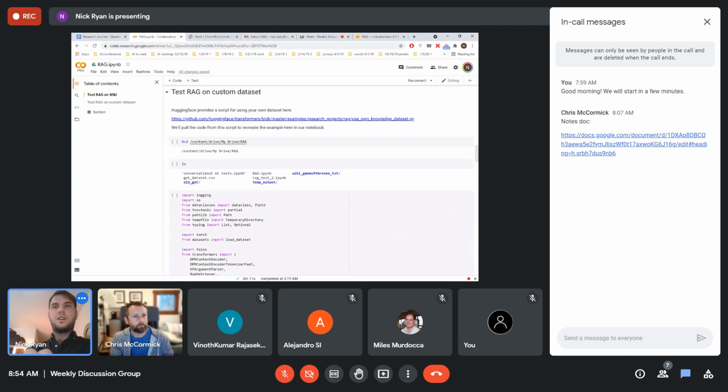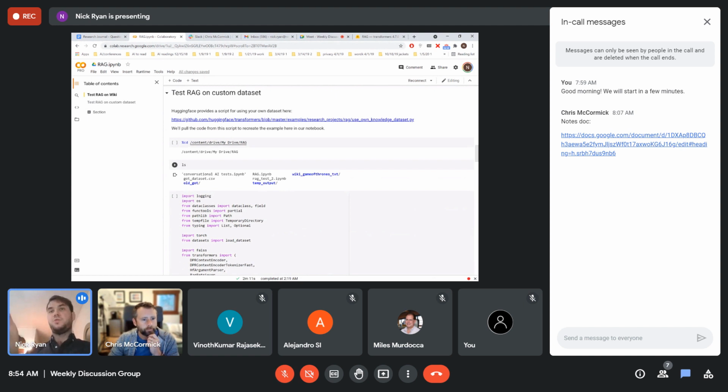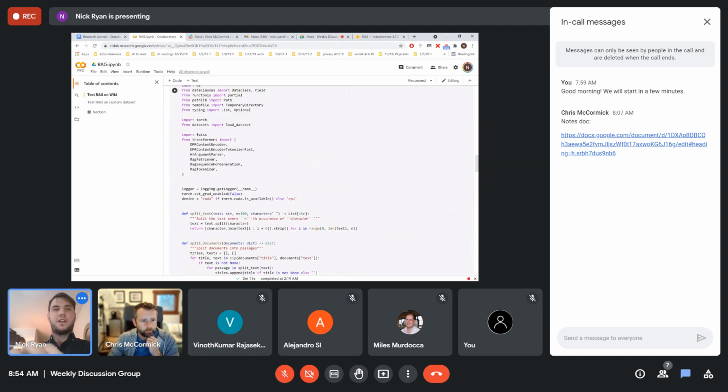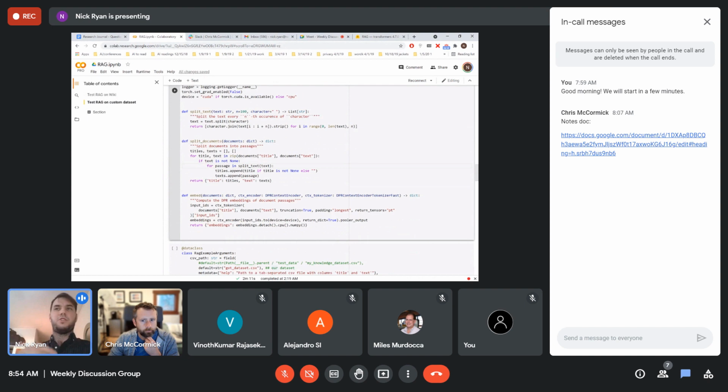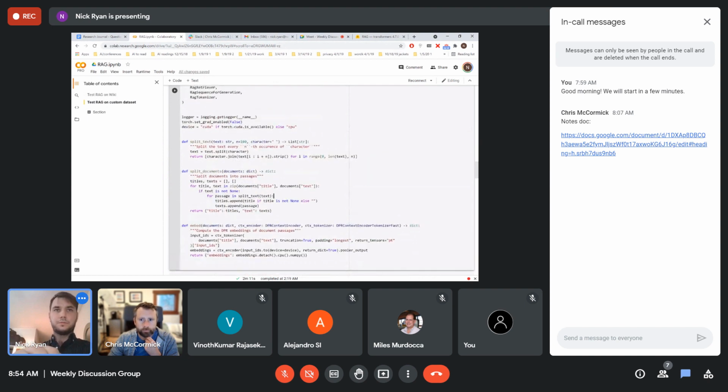Okay, so I won't walk through a lot of this because a lot of this code is simply pulled from this use own knowledge data set. But if you're interested in implementing your own example, have a look through this. I've basically just flagged the one or two points where you need to implement your own data set and put it in.